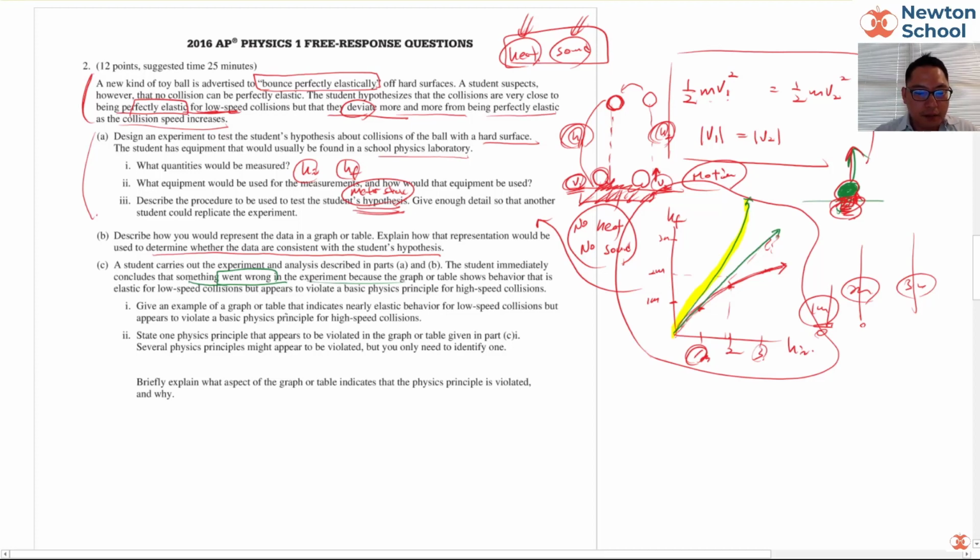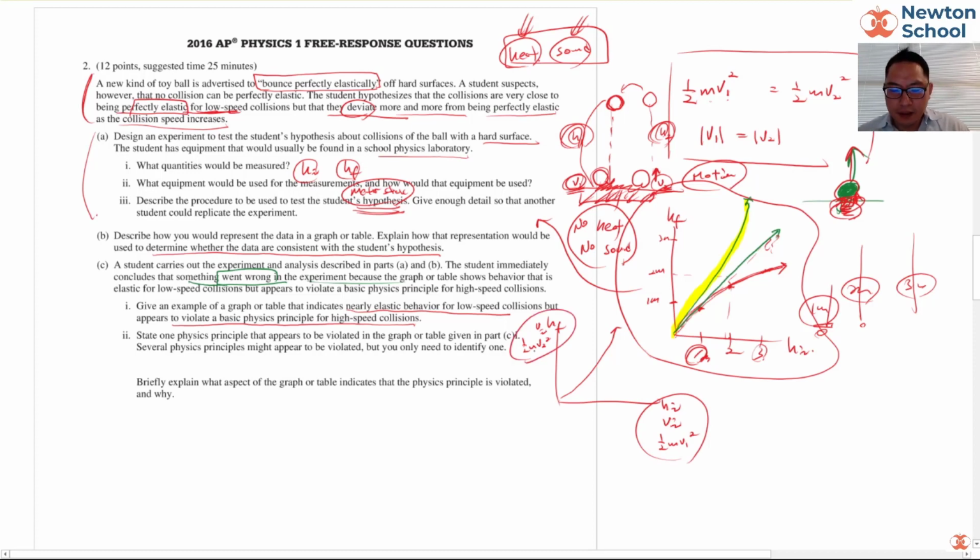All right, give an example of a graph or table that indicates nearly elastic behavior at lower speed but appears to violate a basic principle at high speed collision. So I'll say something like that. Either you can use h final, or v initial and v final, or 1/2 mv1 squared and 1/2 mv2 squared if you want. All of them will give the same graph.